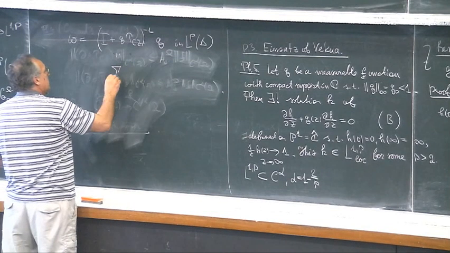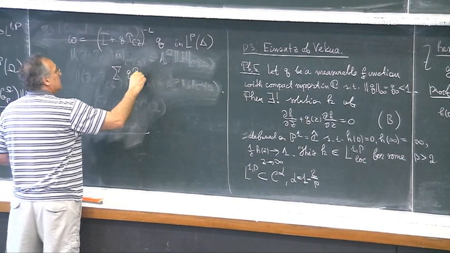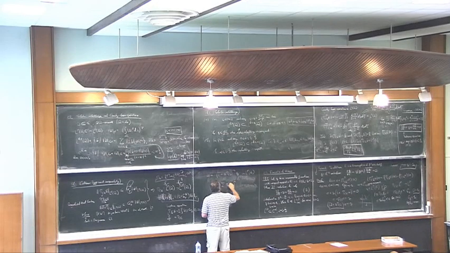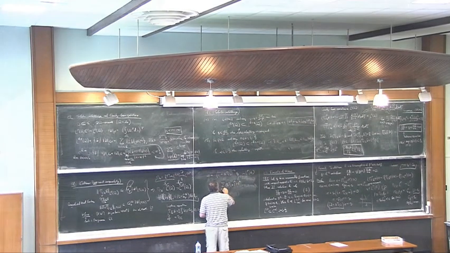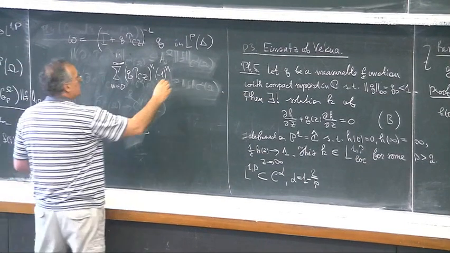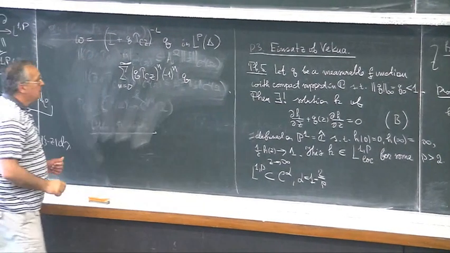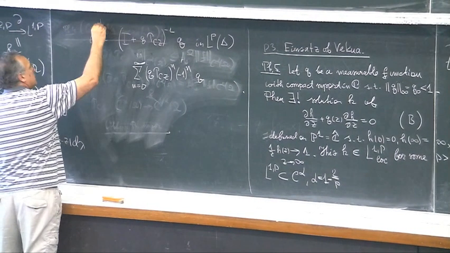It will be just the sum of q times Calderon-Zygmund to the power n, as you know very well, times minus 1 to the power n. So this series converges. And this omega will be in LP.